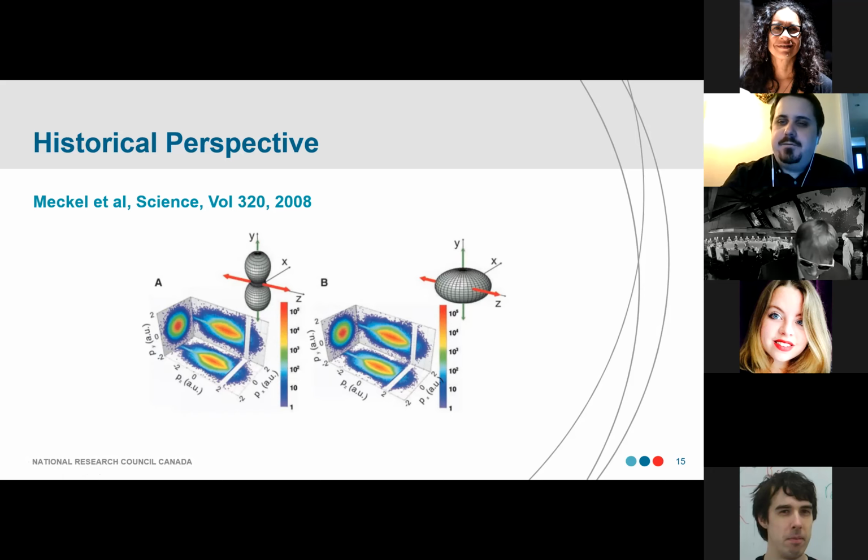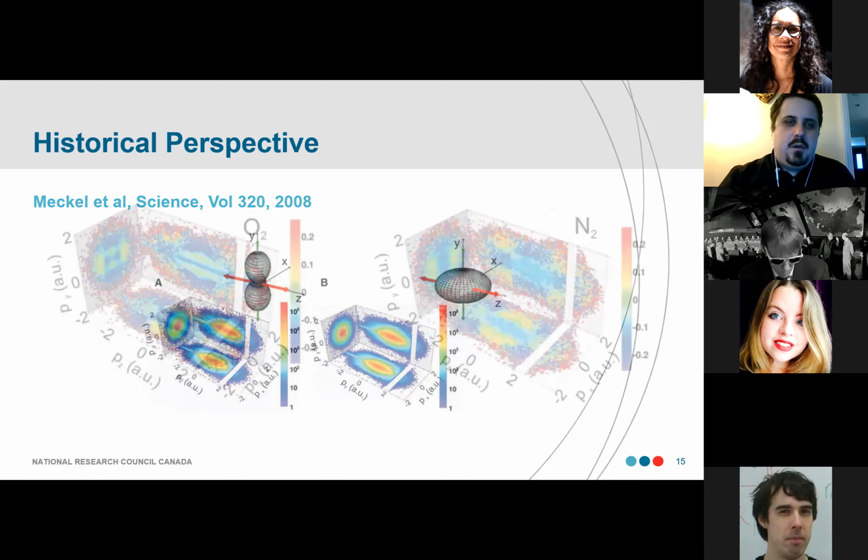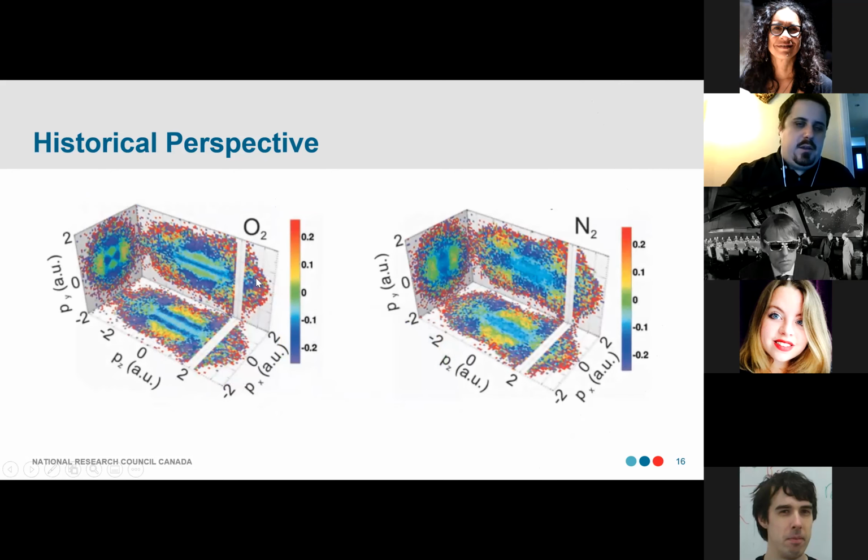We have to make use of one of the most powerful techniques we have at COLTRIMS' disposal, and that is the normalized difference, because it's a very vastly logarithmically scaling diagram. You have to normalize the counts on each plot and subtract one from the other, and then we'll see the difference between the two. And when you do so, for oxygen, the anti-aligned and aligned differences look like this, and for nitrogen, we have this picture.